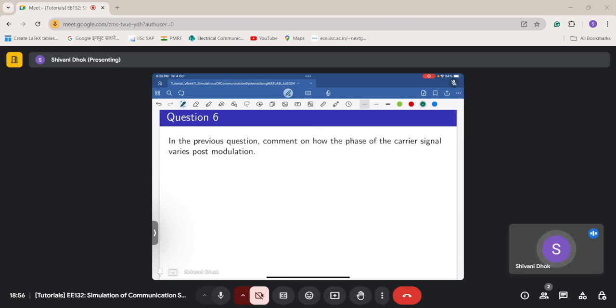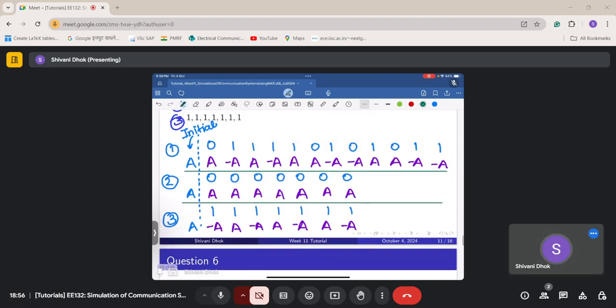So this says that in the previous question, comment on how the phase of the carrier varies post modulation. So in order to do that, I'll just copy paste these on the next page.